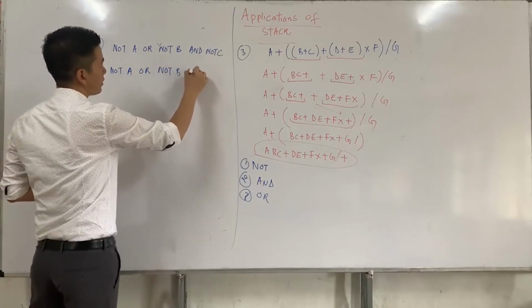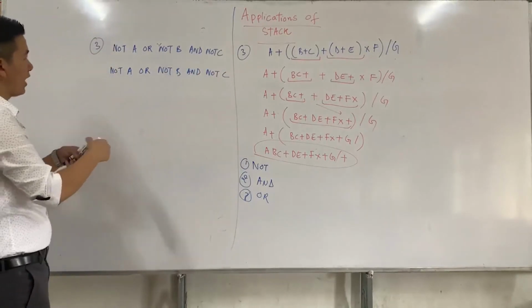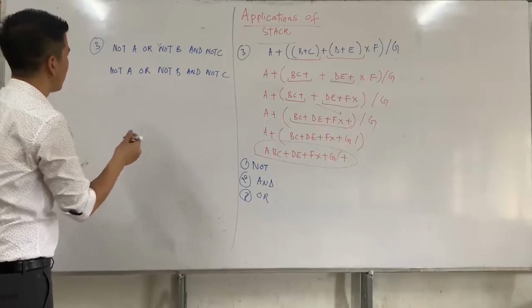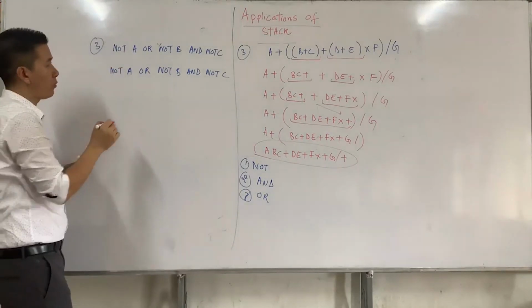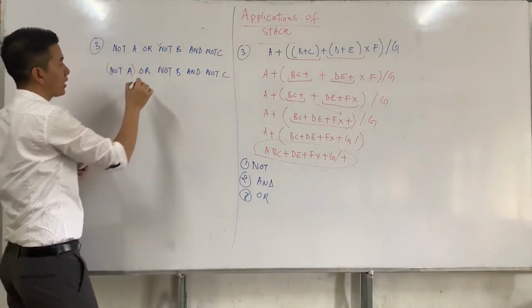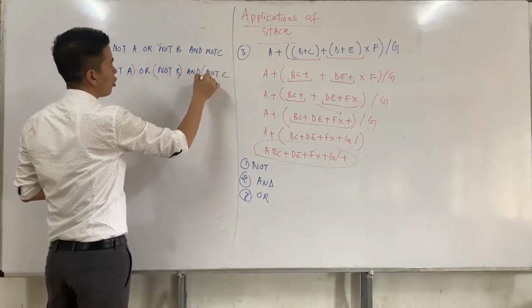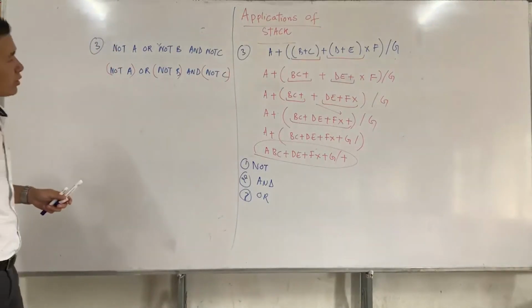So I've just copied this and then not C. So you'll have to put the braces first, right? So understandably, not comes first. So not is a unary operator, remember? So not of A, not of B, not of C, are the ones that will have to be executed.